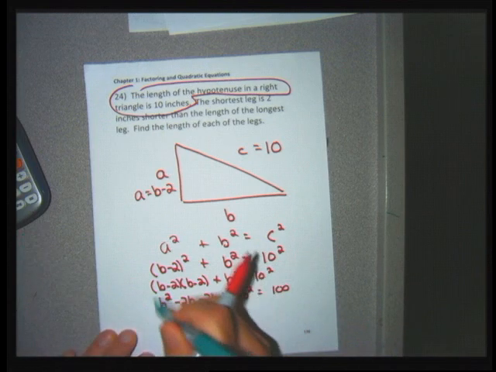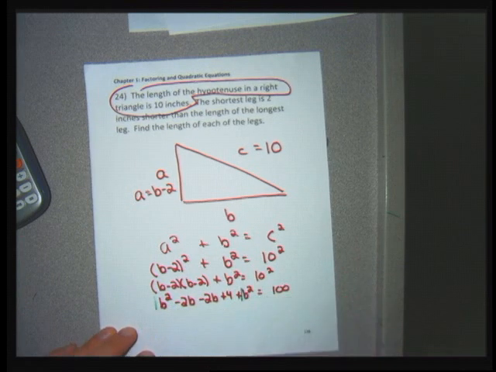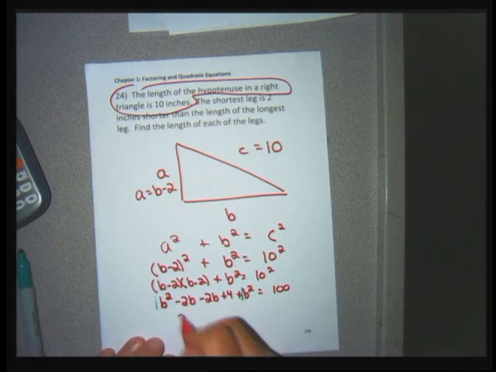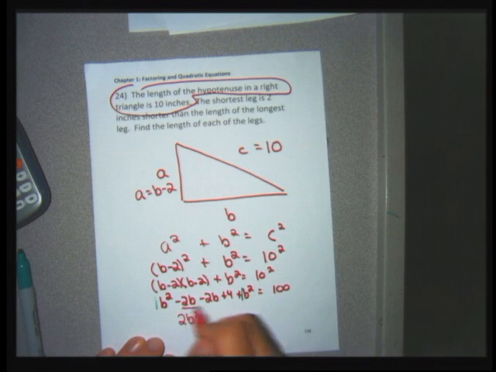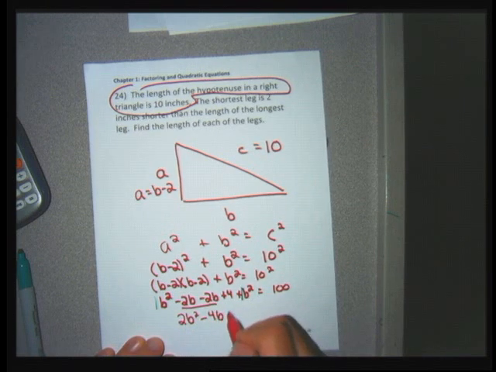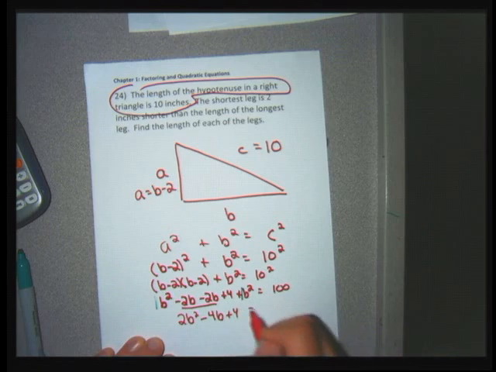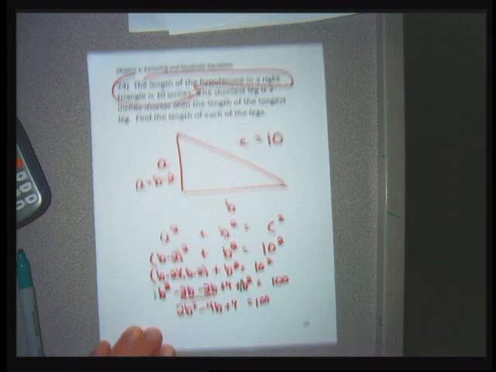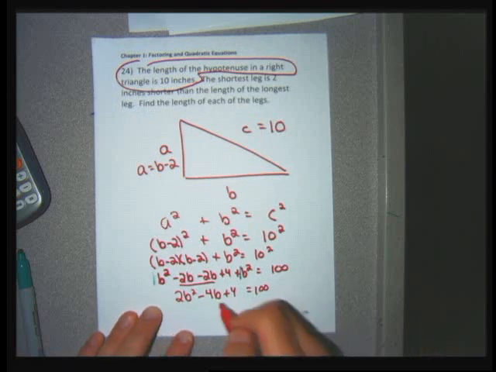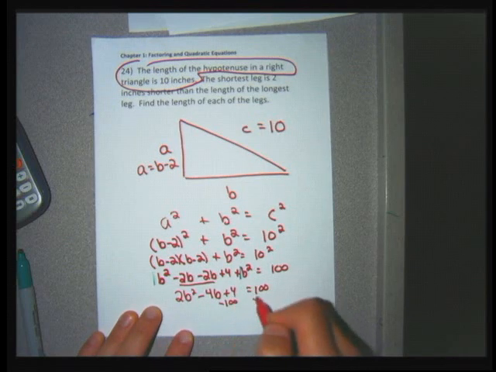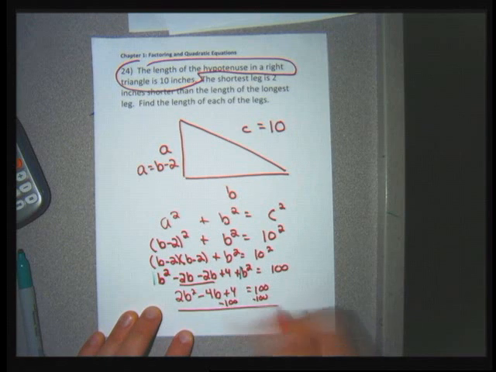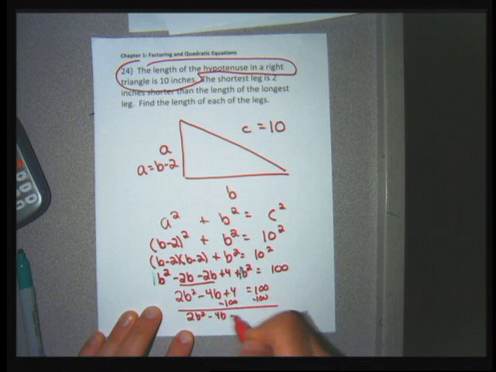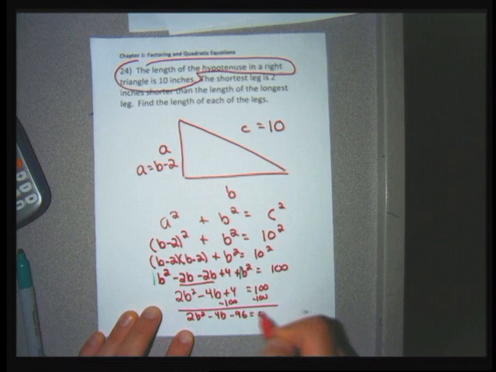On the left side, I need to combine the B squared: 1B squared and 1B squared is 2B squared. The minus 2B and minus 2B give me a minus 4B. The plus 4 gives me a plus 4, then equals 100. I need to set it equal to 0, so I subtract 100 from both sides and get 2B squared minus 4B minus 96 equals 0.